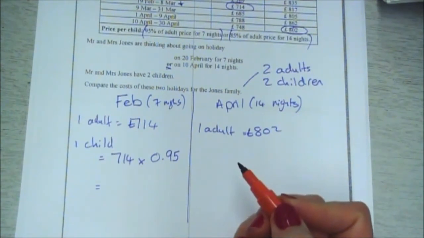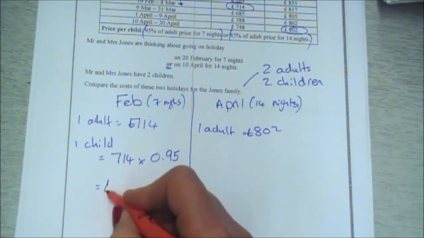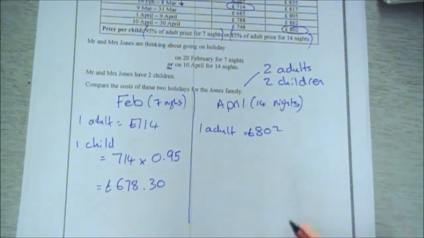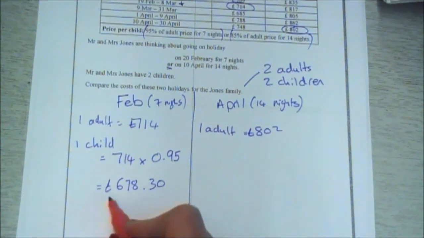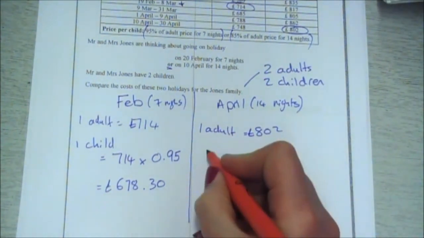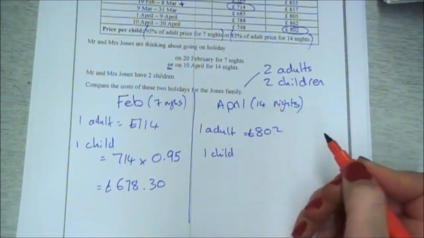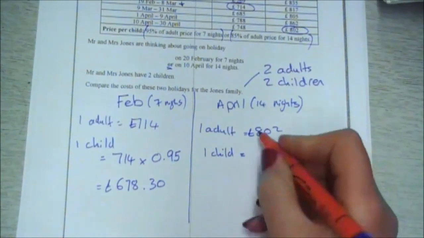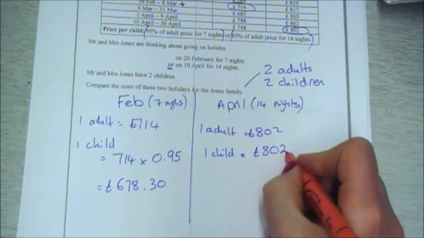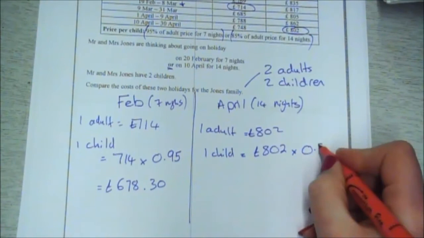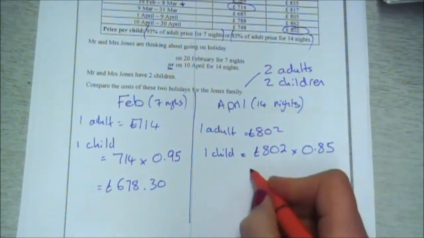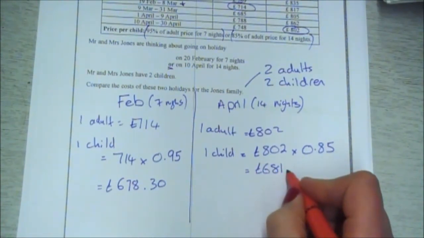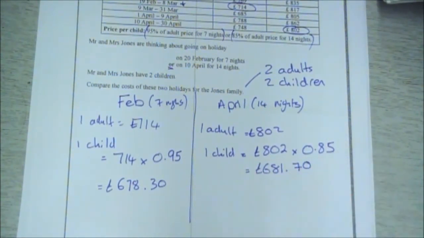Now 714 times by 0.95 is going to give us £678.30. So that's the cost of one child. To get one child over here for 14 nights, we're looking at the 85% this time. So I'm looking at that £802 times by 0.85, which is going to equal £681.70.